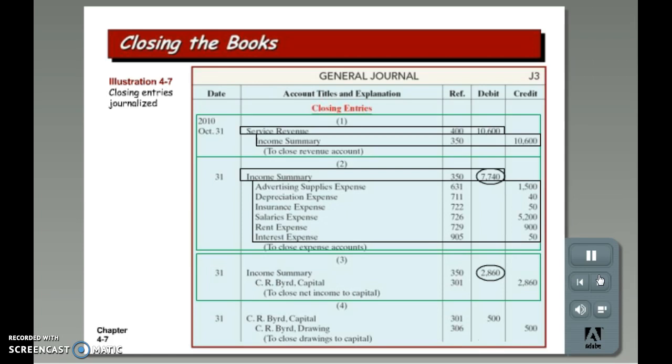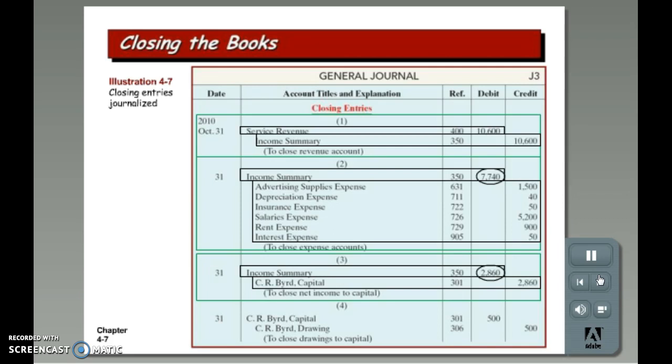In order to close the income summary account, it is necessary to debit the income summary account and credit the owner's capital account. Ask yourself if the $2,860 is net income or net loss. It is net income because total revenues of $10,600 minus total expenses of $7,740 equals net income of $2,860.